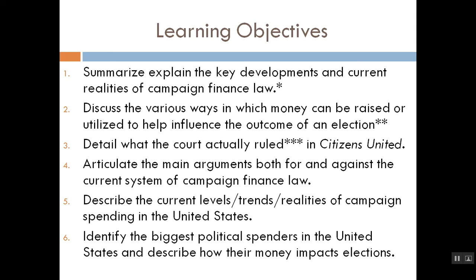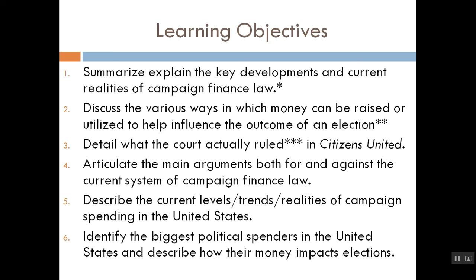And just like the FECA, BCRA is going to have a corresponding Supreme Court case in which it is considered by the United States Supreme Court, and that case is probably familiar to you, Citizens United. So there are 4 major developments to focus on, 2 legislative, 2 judicial. The 2 legislative developments are the FECA and BCRA. The 2 judicial developments are going to be Buckley versus Valeo and Citizens United.